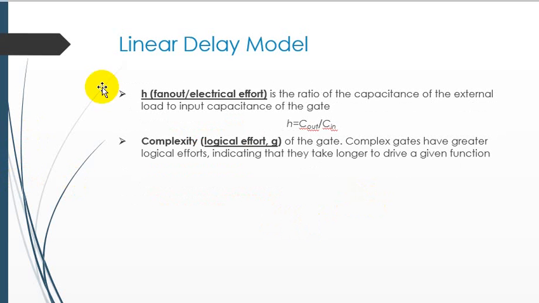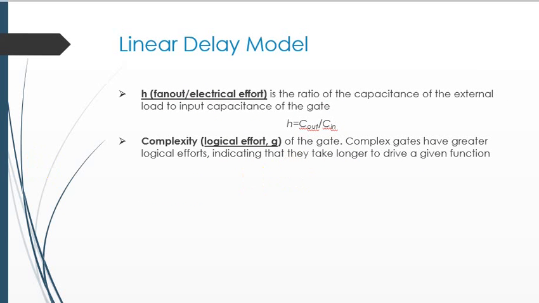So these terms are very important. H is called the fan out or the electrical effort, and it is basically the ratio of the capacitance of the external load to the input capacitance of the gate. And the complexity is called the logical effort, and it represents g, which means that complex gates have greater logical efforts, indicating that they take longer to drive a given function.